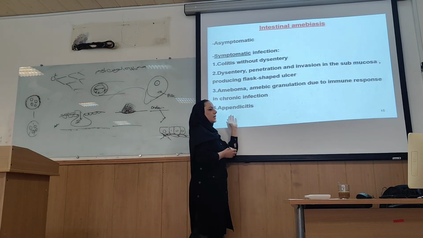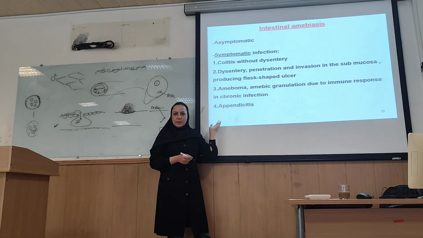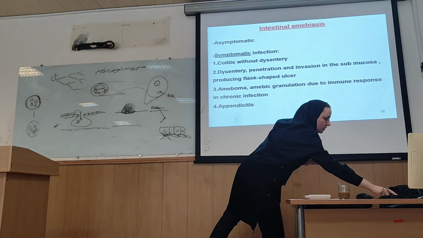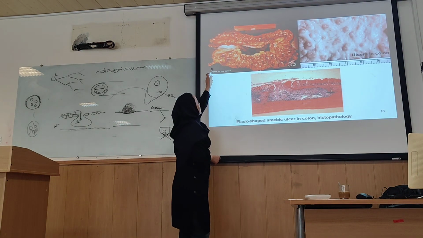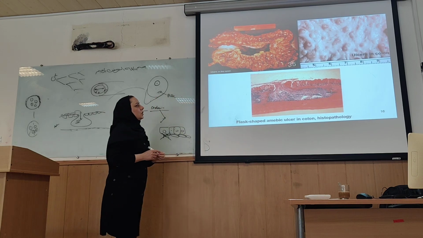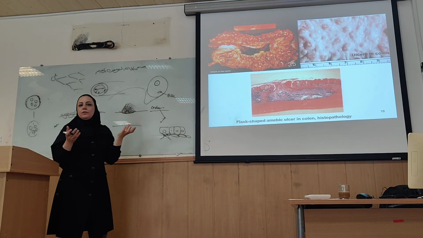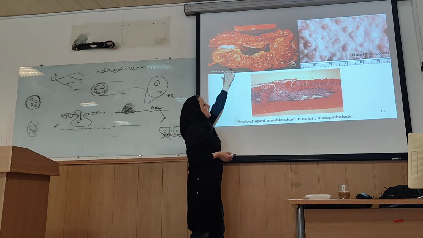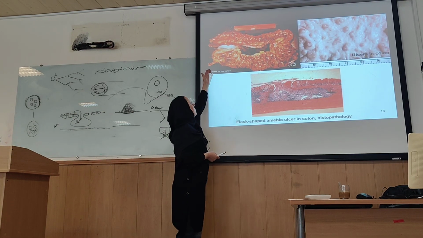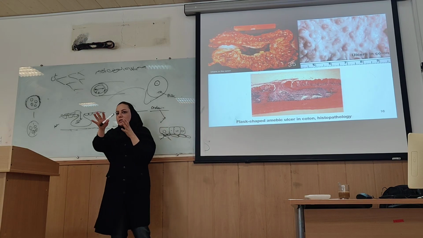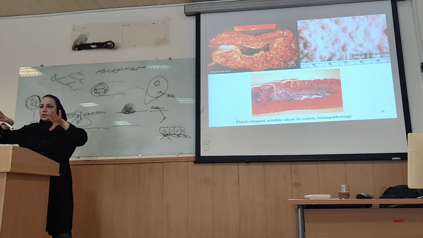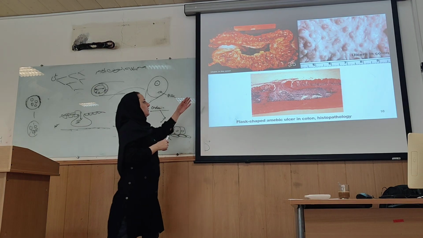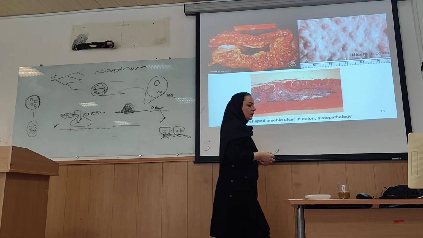Also, they can produce appendicitis. This is the appendix. The appendix is a part of the large intestine. Histolytica not only can infect the large intestine, they can also go through the appendix and invade the epithelial cell, produce inflammation, and here we say appendicitis.